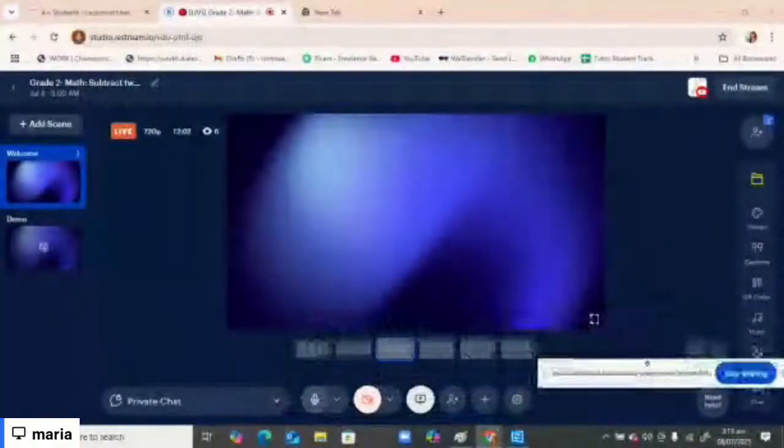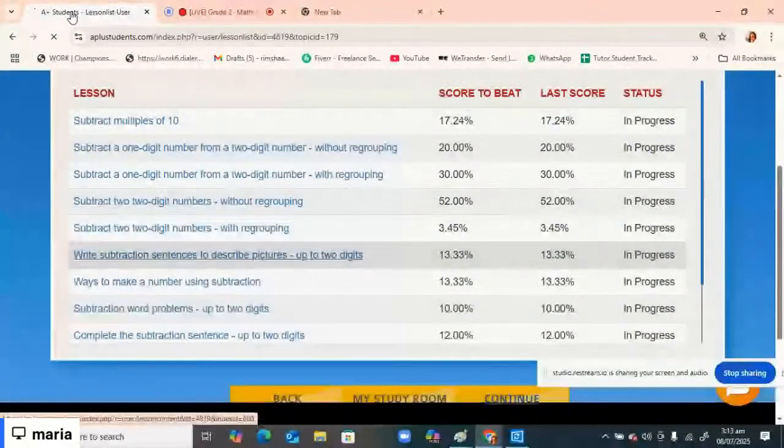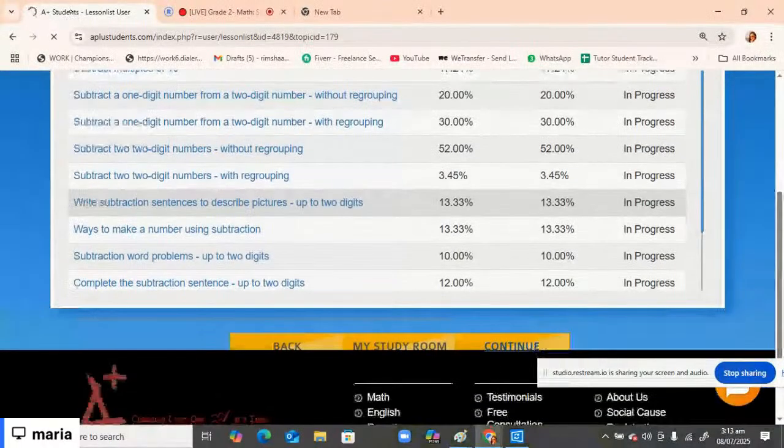Okay. So we are on this one. Write the subtraction sentences to describe the pictures up to two digits. Let's do it.